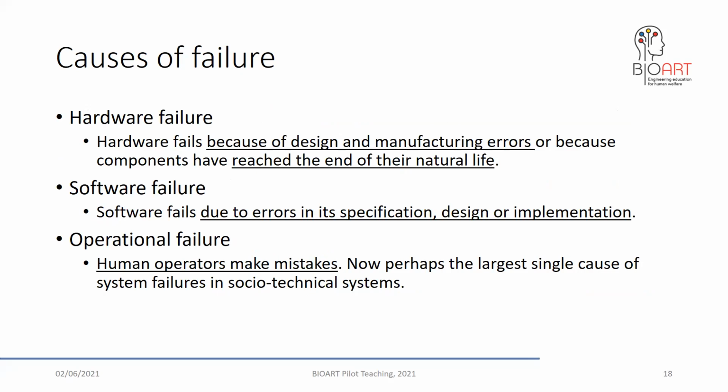There are 3 causes of failures. It could be hardware failure, software failure, and operational failure. Hardware fails mainly because of design and manufacturing errors, or because the components have reached the end of their natural lifetime.